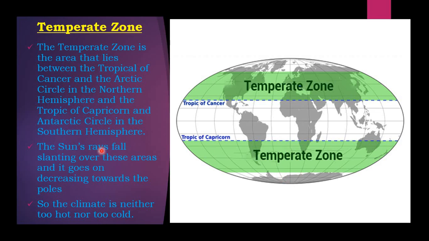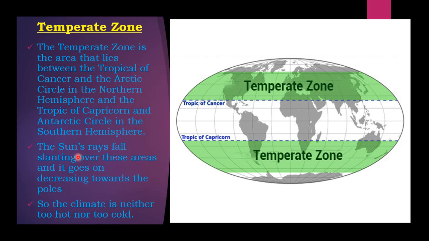The sun's rays fall slanting over these areas, and it goes on decreasing towards the poles. So the climate is neither too hot nor too cold.